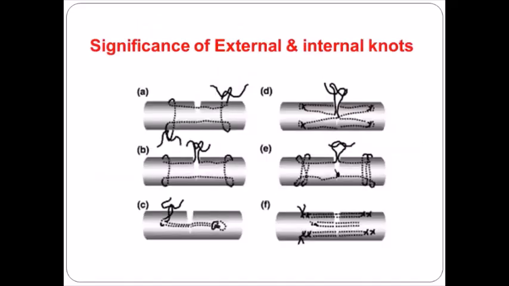Now, these are external and internal knots. When the surgery is done, these two types of knots are used. If there are internal knots, you'll probably get a better result because the knots are inside and will not encroach on that tunnel, and the tendon will get proper gliding. There will be less adhesion and an optimum result.